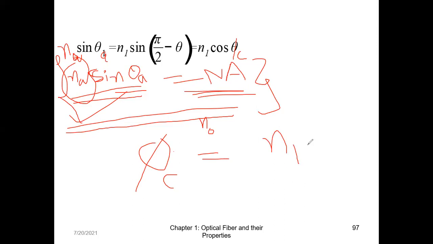Once you find out n1, then you find out phi C, which is equal to sine inverse of n2 by n1. N1 you will find out from your formula of Na.